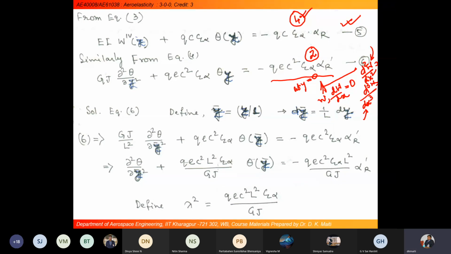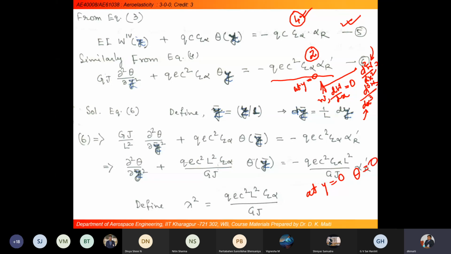And in the torsional equation, the boundary conditions for this cantilever beam are: at y equal to 0, theta will be equal to 0.